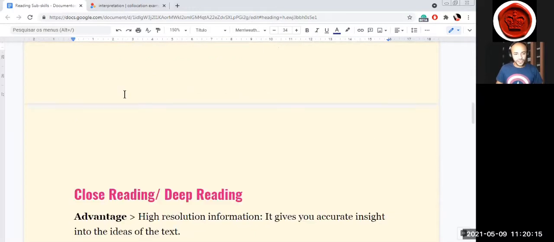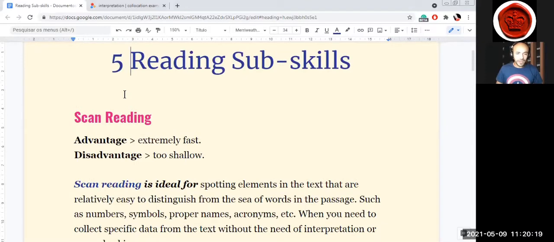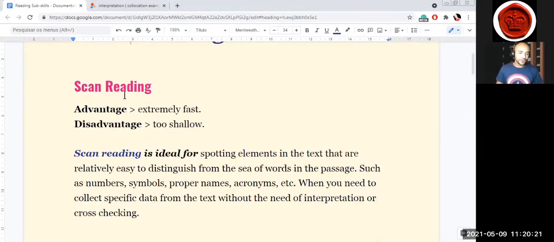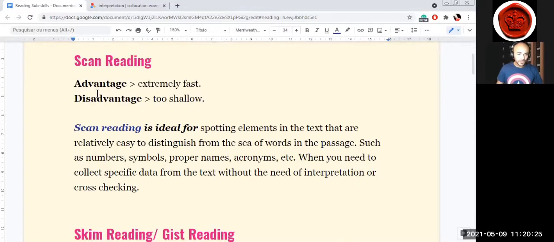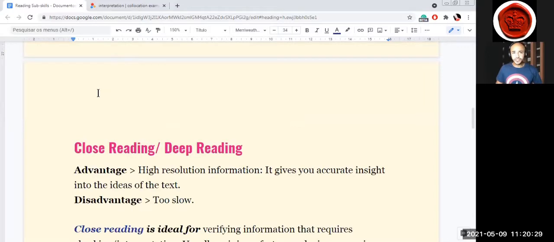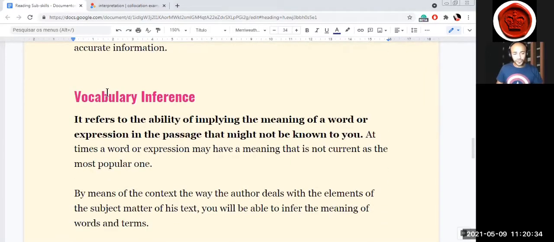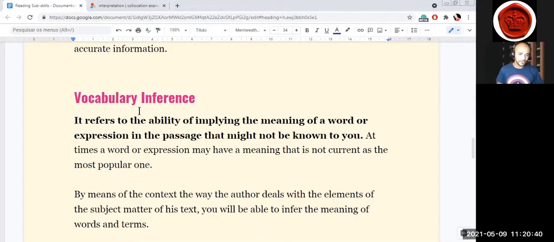So usually when you are working with any given IELTS reading question, you're going to combine strategically one of the 3 different reading sub-skills related to speed and profundity, and then you're going to associate it with some level of interpretation or inference from the other 2.